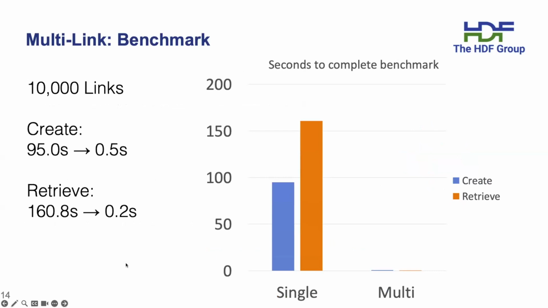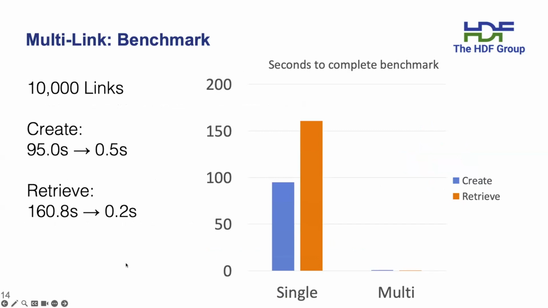So what's the actual impact of this? Does this matter if you have a lot of links? Here are some results from a benchmark doing operations on 10,000 links, comparing individually creating 10,000 links in 10,000 requests, or retrieving information in 10,000 requests. And the effect here is massive. You can barely see on the bar graph how long it takes now with this new interface. It's something like maybe a 200 times speedup on creation, and even larger than that on retrieval.